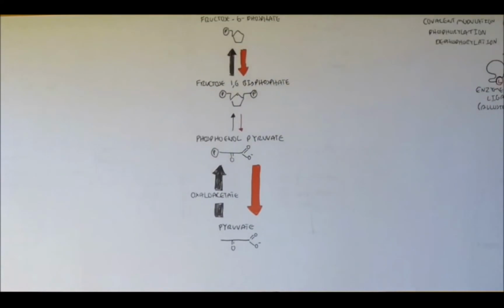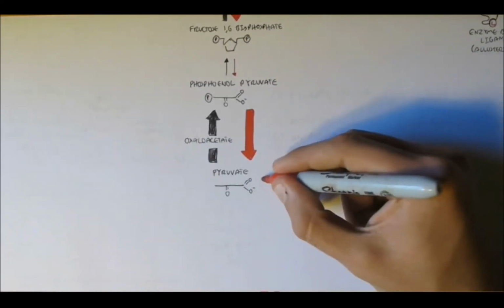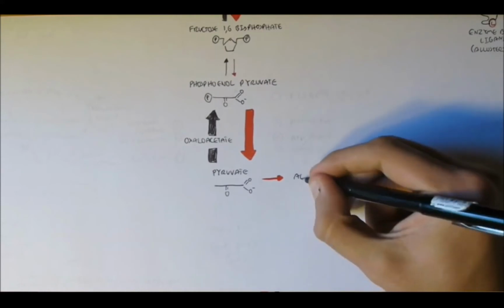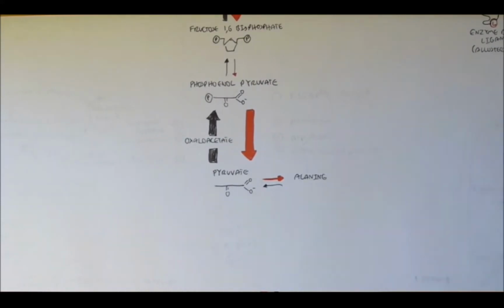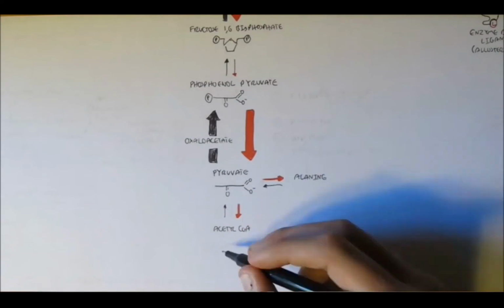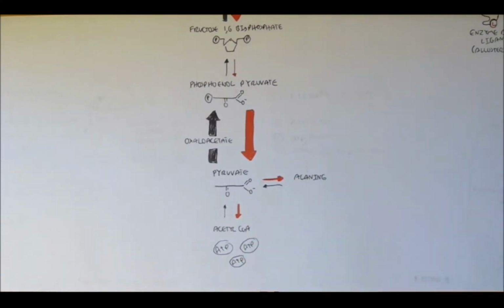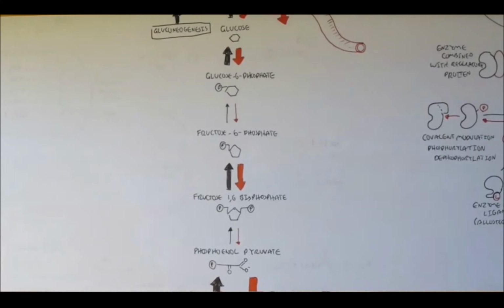Pyruvate, remember, has a number of fates, such as it can convert to alanine, an amino acid, which then can be stored in the muscle. Or pyruvate can convert to acetyl-CoA for the Krebs cycle, and then further on to oxidative phosphorylation to produce more ATP.